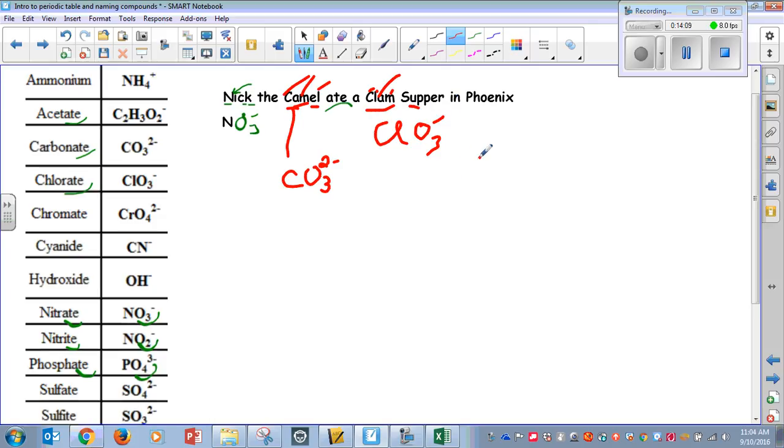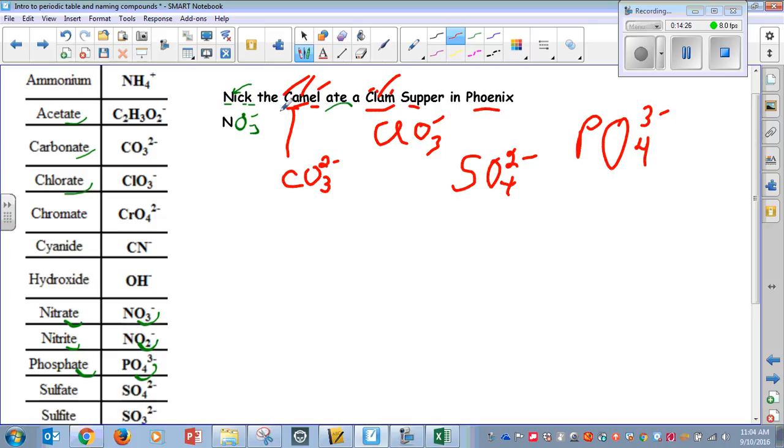Supper would be sulfate. There's 4 consonants and 2 vowels, so sulfate is a -2. Phoenix, of course, talking about phosphate. There's 4 consonants, 3 vowels, so that's phosphate.